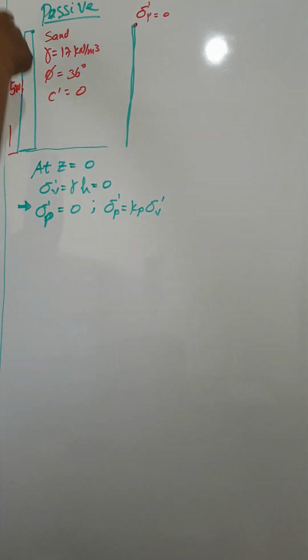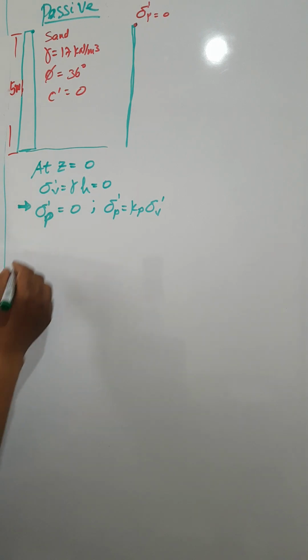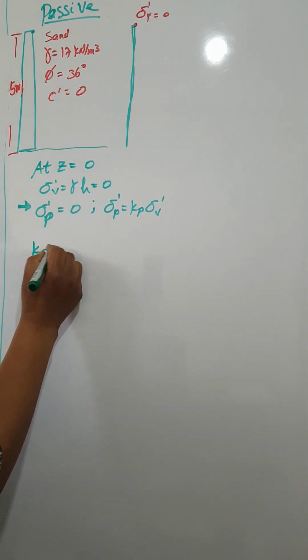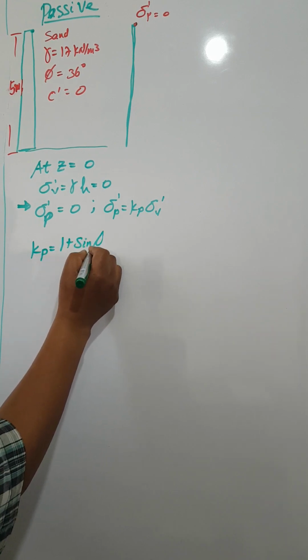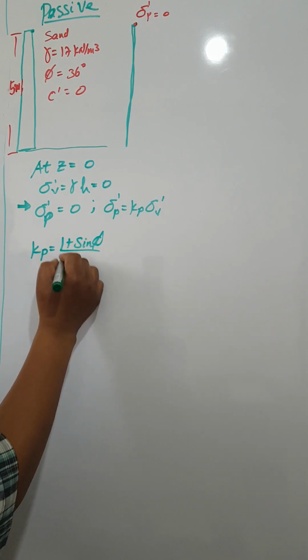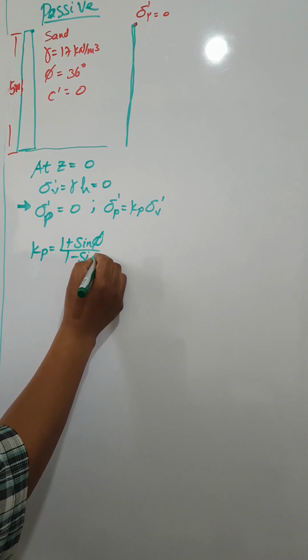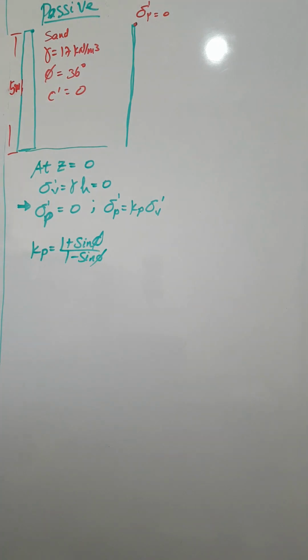Next, to find this we need Kp equal to 1 plus sin psi divided by 1 minus sin psi. Simply, it is the reciprocal of the active coefficient.